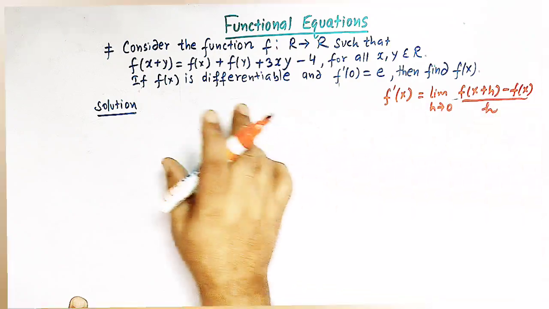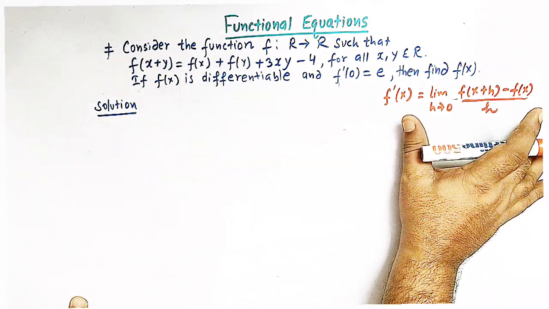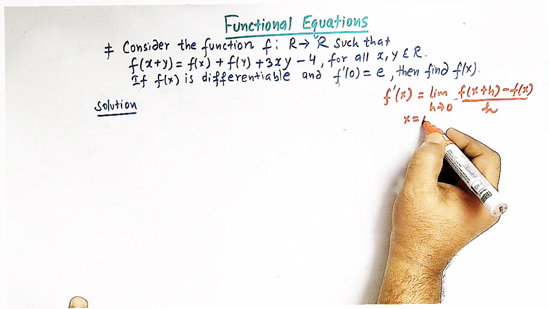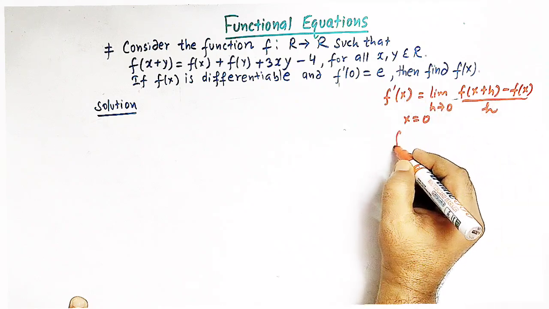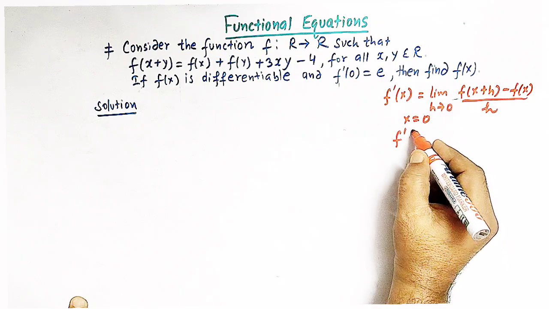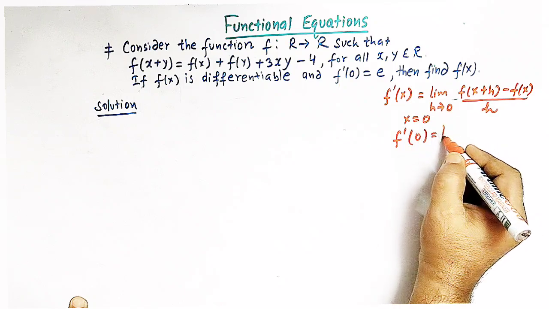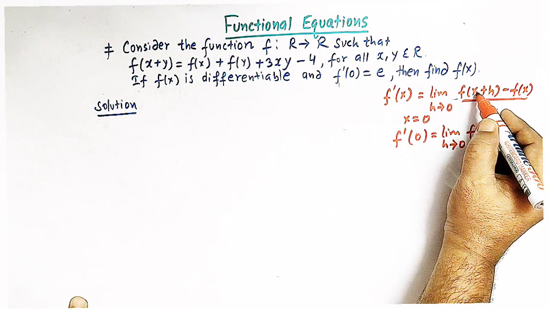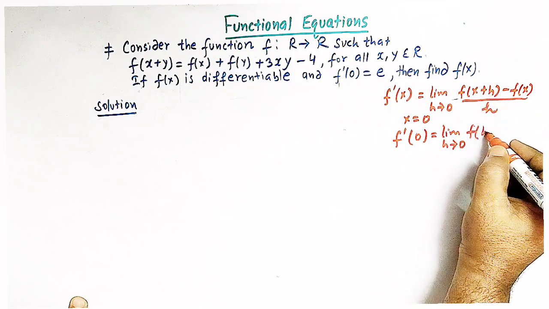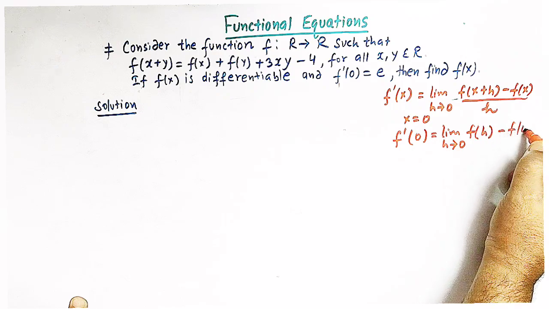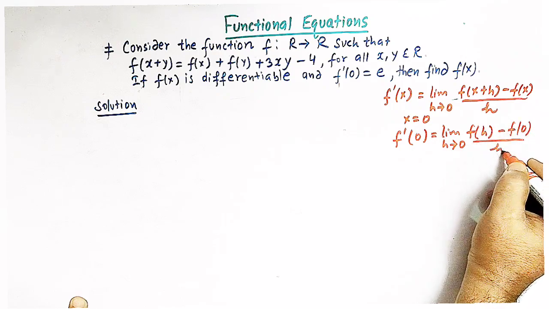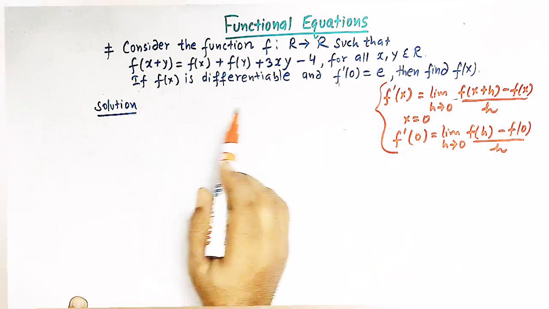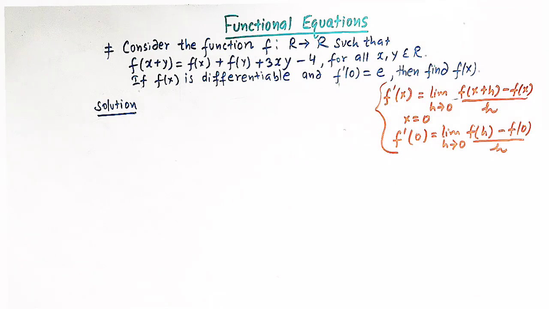To solve this problem we'll utilize this definition, and if we take x is equal to 0 here, then the derivative at x is equal to 0 is given by limit h tends to 0, and here we have 0 plus h, which is simply h, and f of 0, divided by h, right? So these two important concepts are going to be used while solving this problem.